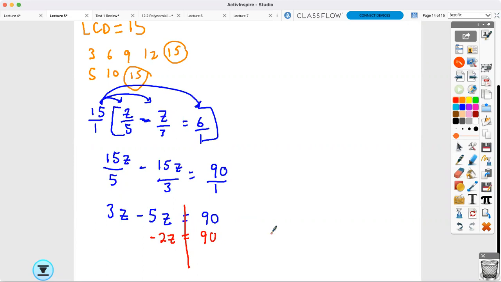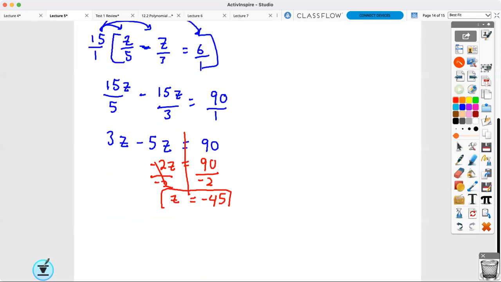To get Z alone, guys, we divide by what? Negative 2. Correct. And then 90 divided by negative 2 is equal to negative 45. And we are done. Any questions on any of the steps we just took, guys? Any questions at all?